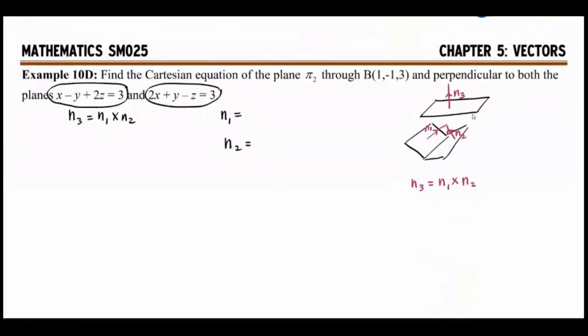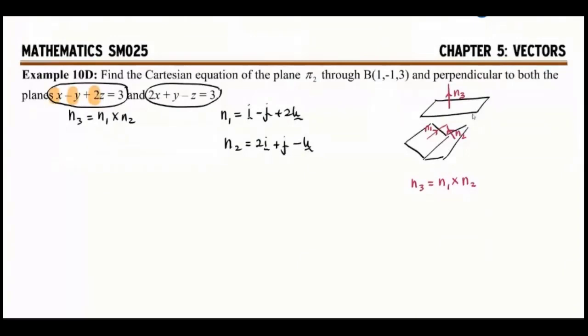What did I say earlier? To find N from the Cartesian equation, take the coefficients. So the coefficients here give i minus j plus 2k. And for N2, what do we get? Negative 2i plus j minus k.